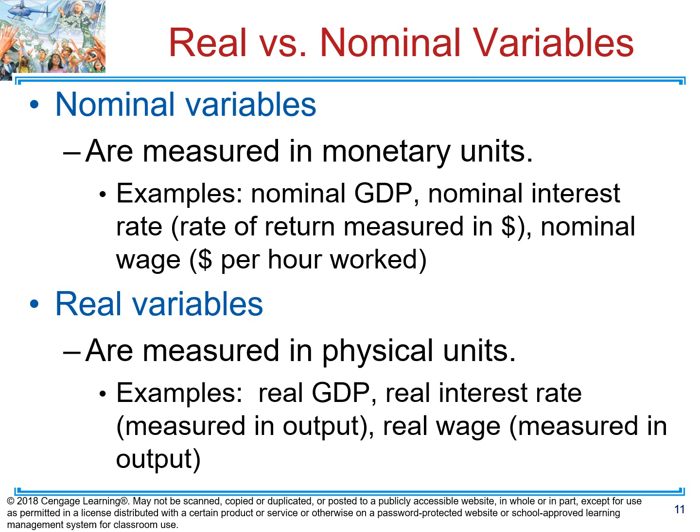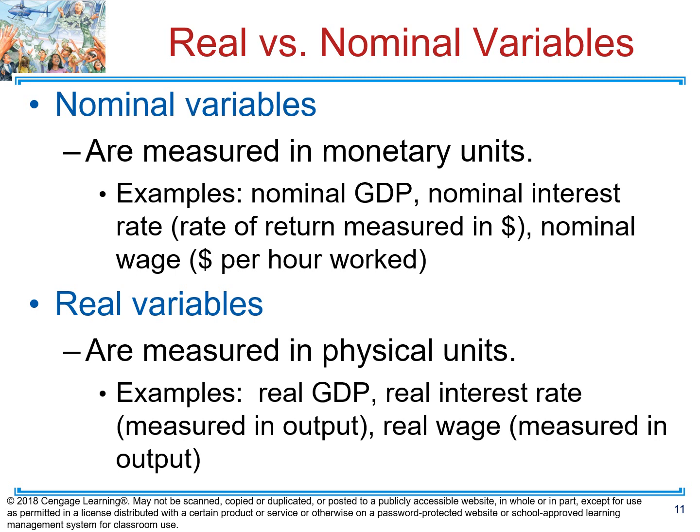Now let's talk about what real variables and nominal variables are. Nominal variables are measured in monetary units. So the value of nominal variables includes the price level also. For example, nominal GDP, nominal interest rate, and nominal wages are nominal variables.